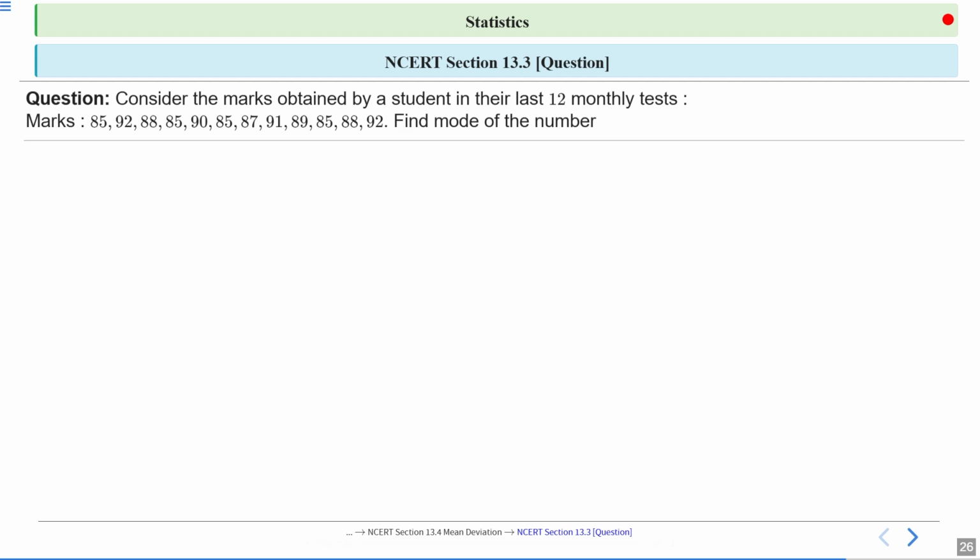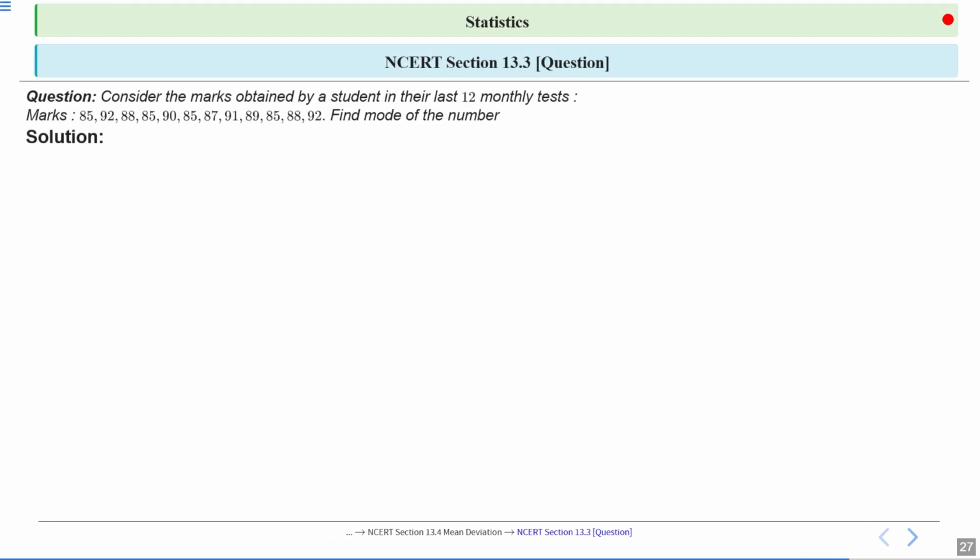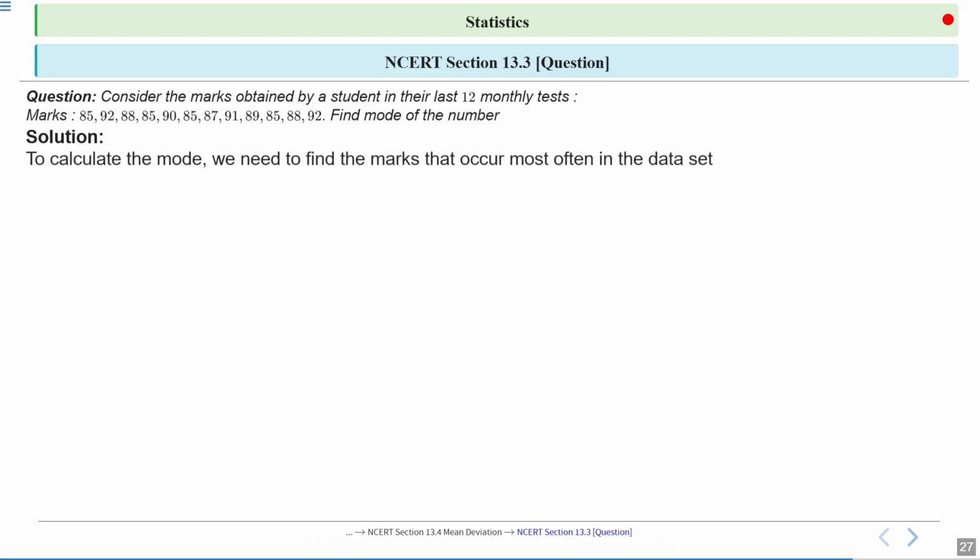So let's solve this question step by step. To calculate the mode, we need to find the marks that occur most often in the dataset.